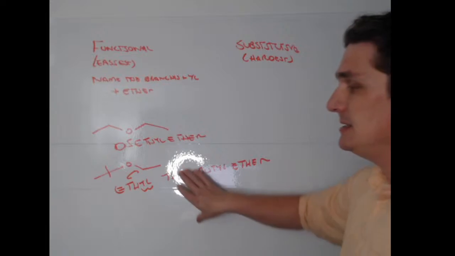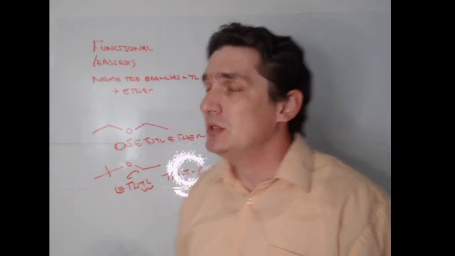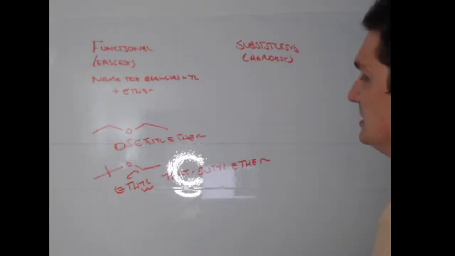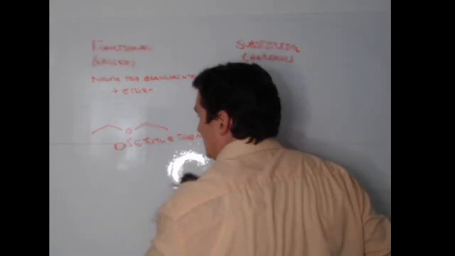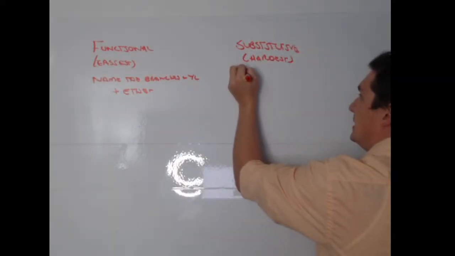Now, that said, there's only so many branches that are that simple. And so this is where the substitutive naming comes in. So for the substitutive naming, the ether is treated as an alkoxy.